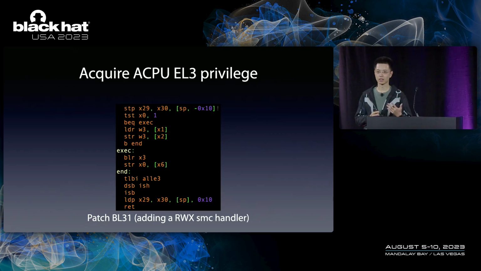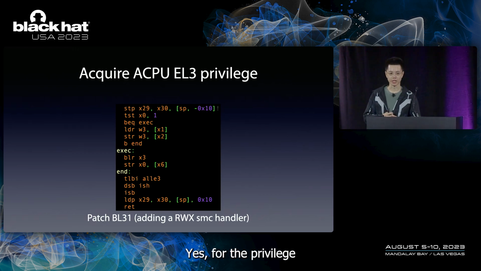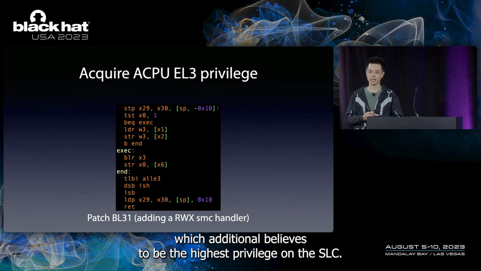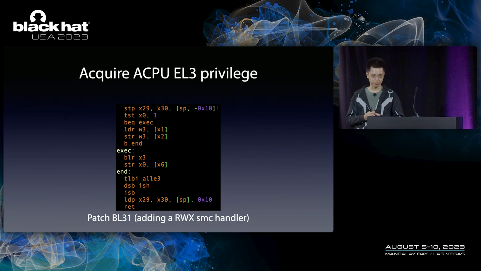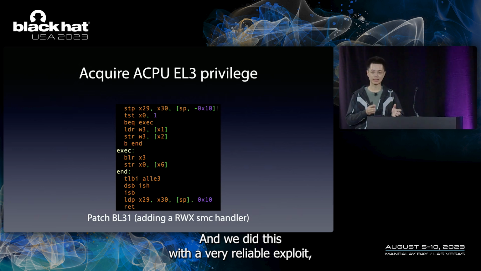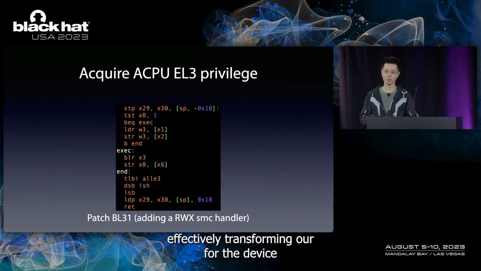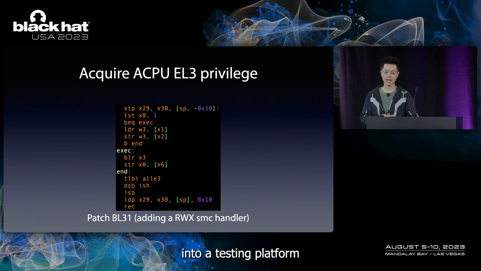And after that, we have achieved the ACPU EL3 privilege, which is traditionally believed to be the highest privilege on the SoC. And we did this with a very reliable exploit, effectively transforming our Mate40 device into a testing platform.